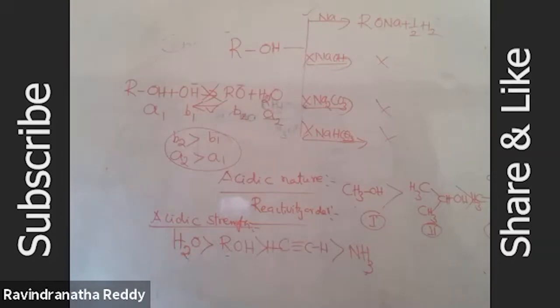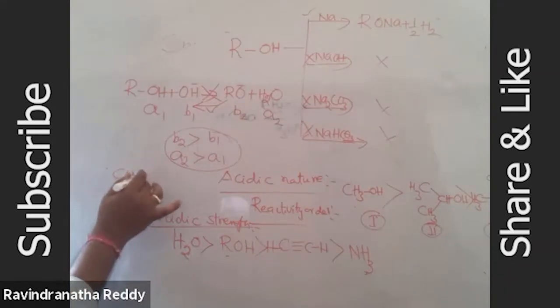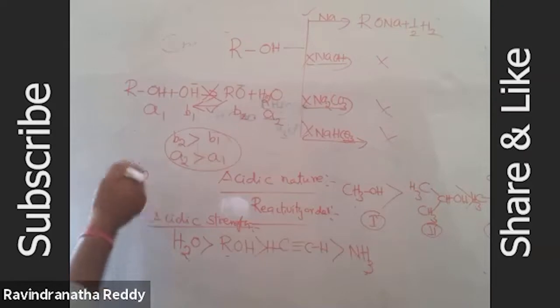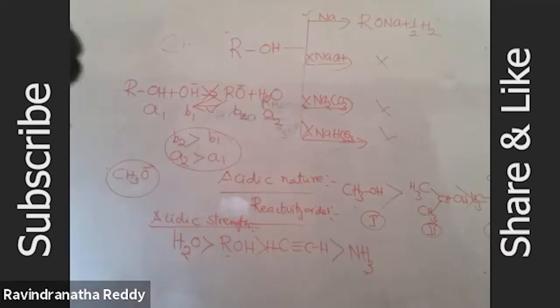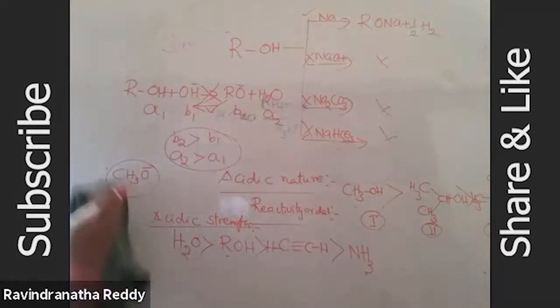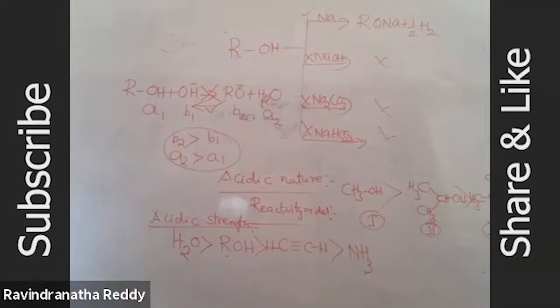Methyl alcohol is the exceptional case, a stronger acid, and its conjugate base CH3O minus is strong, a strong base also. This is the acidic strength.